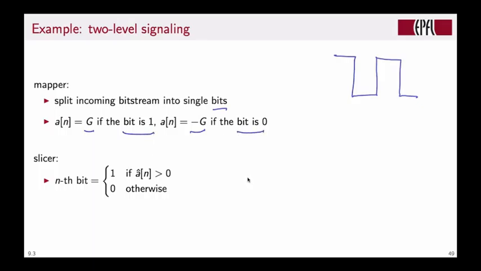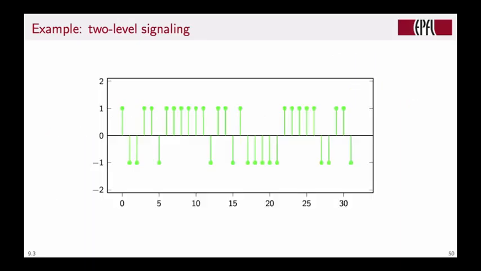At the receiver, the slicer looks at the sign of the incoming symbol sequence, which has been corrupted by noise, and decides that the nth bit will be 1 if the sign of the nth symbol is positive, and 0 otherwise.